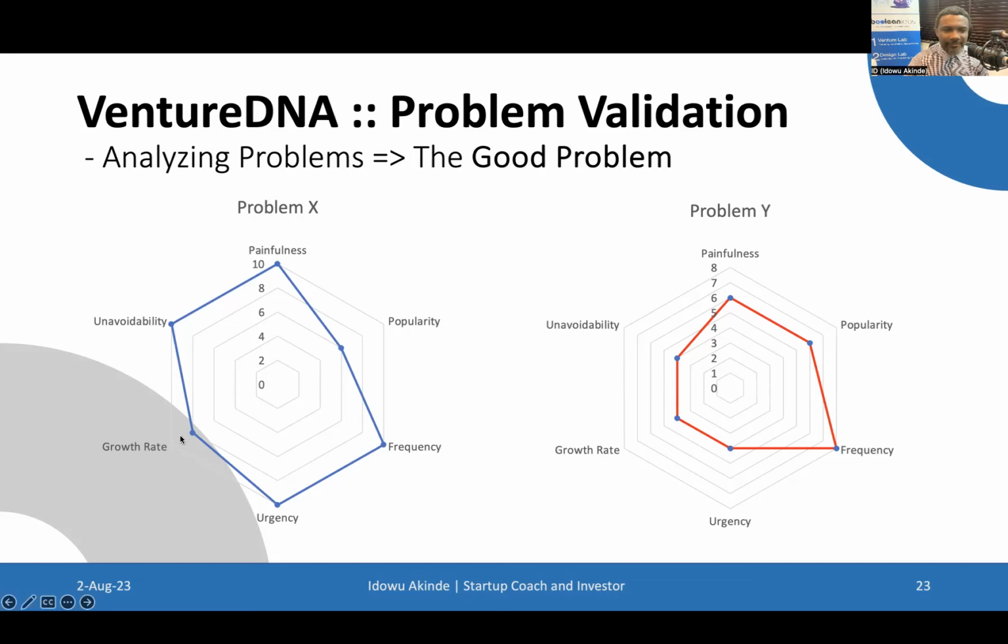Growth rate, I love this particular attribute. It is very insightful and useful when you are communicating your market size, which we'll get to in one of the later series.